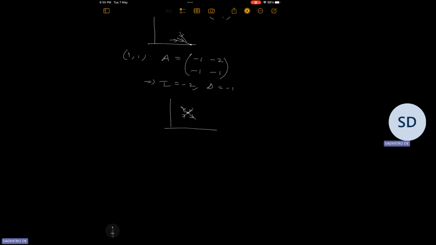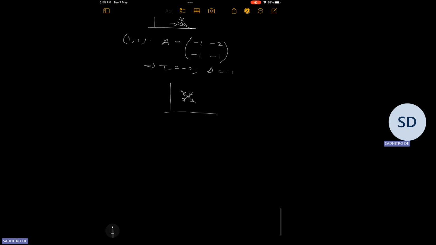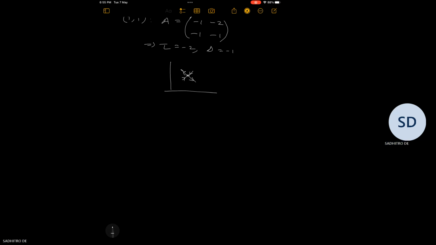So if you combine all of the four cases, then the phase space will look like this. So here, this is an unstable fixed point. The trajectories tend to go outwards from here like that. Okay. And you have a saddle point at (1, 1).